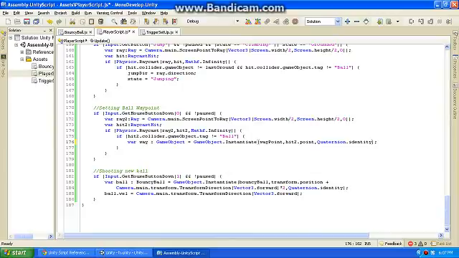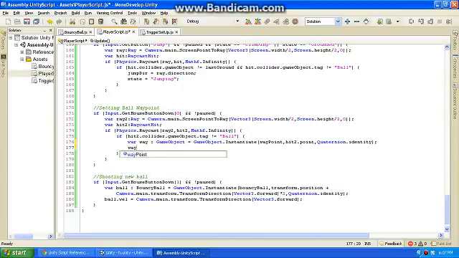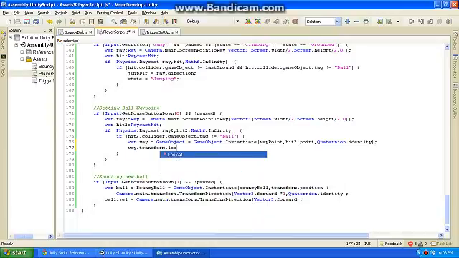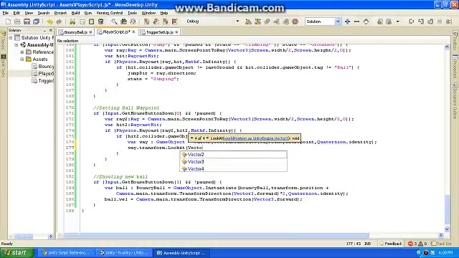So basically, I'm going to write way.transform.LookAt. There we go. It's going to look at our world position. Yep, there we go. Bam. It's going to look at transform.LookAt vector 3. No, not vector 3.